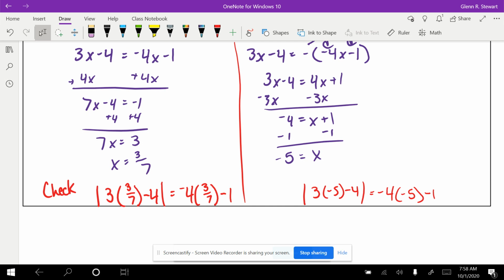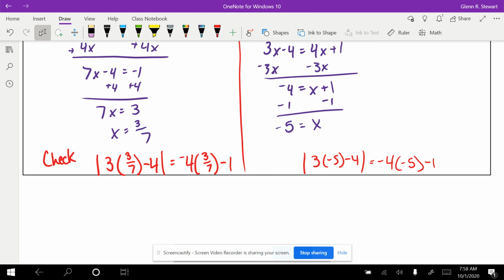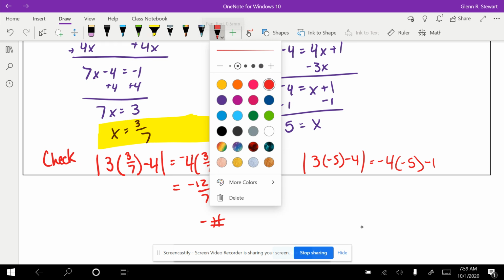So for example, on this, I have fractions in this first one, which I know a lot of students don't like. Take a look at this. This side here is going to come out to negative 12 over 7 minus 1. It's going to be a negative number. So it doesn't work. That'll make this an extraneous solution.